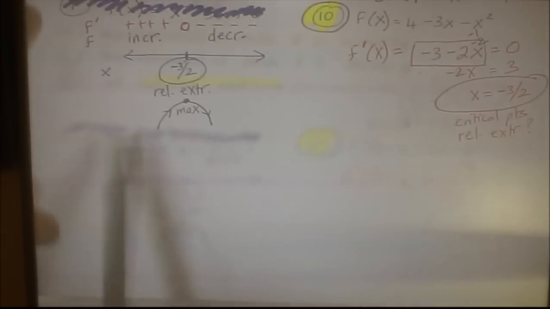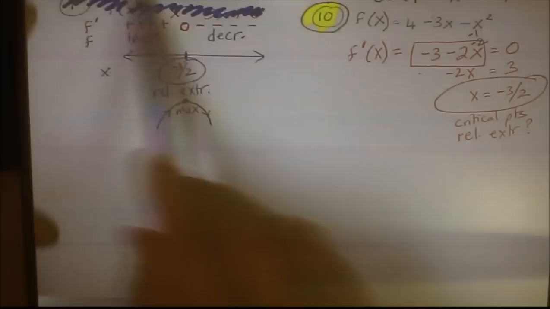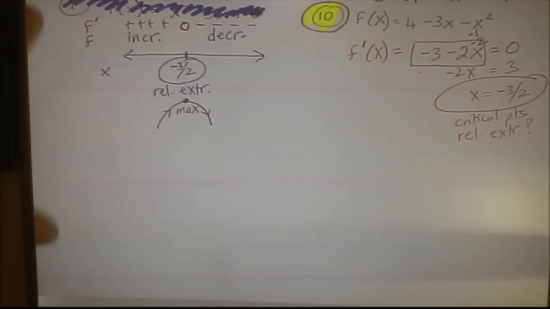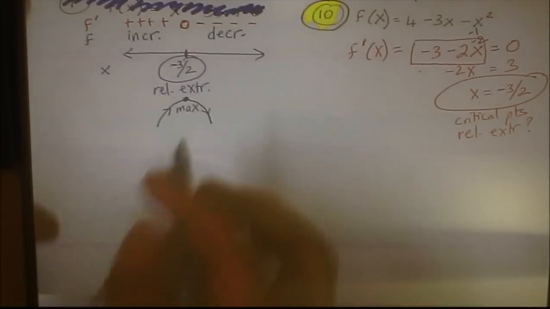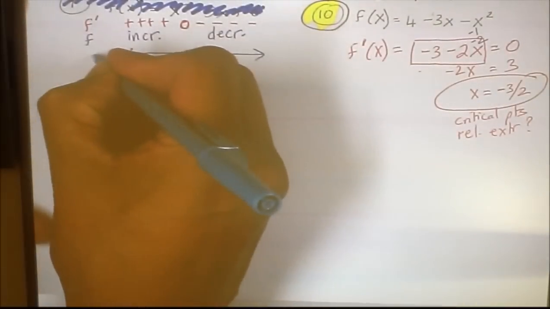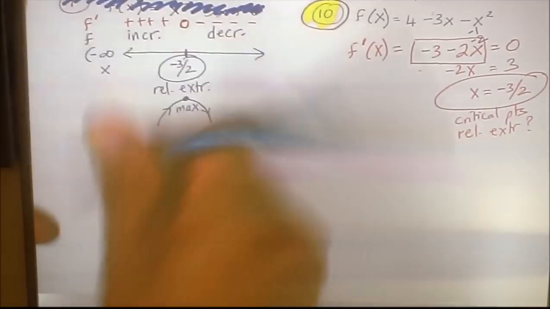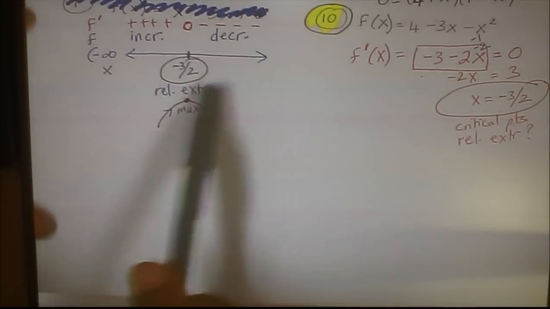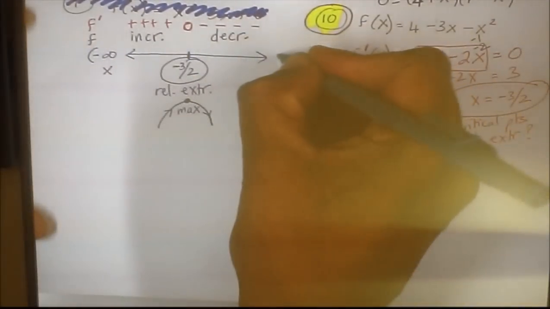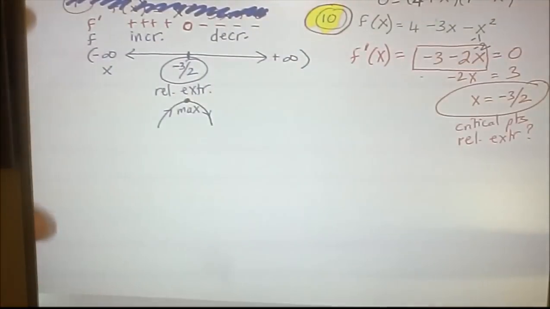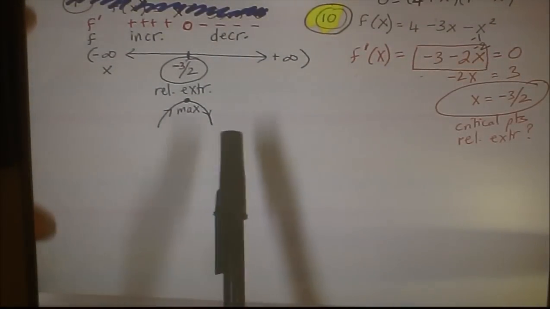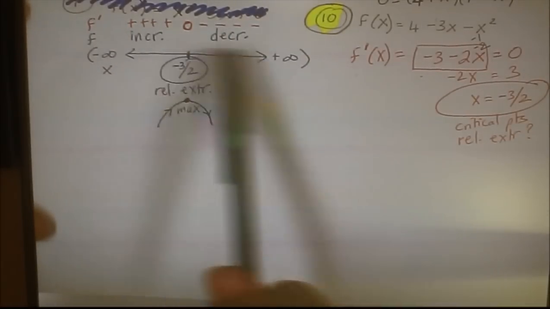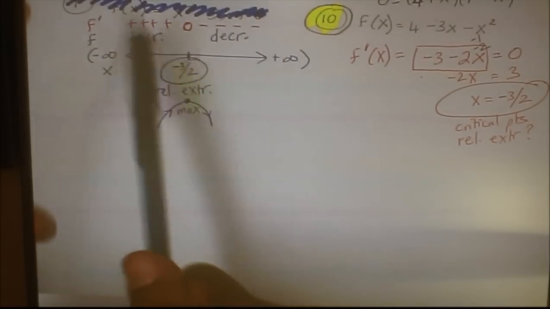All right, your final step is to translate your sign chart, your number line, into interval notation and point notation. So what we have here, moving from left to right, is our entire domain analyzed from -∞ up to -1.5, which is the most important x in the entire domain, up to +∞. And that's really the power of calculus, it enables you to find some of the most important x's, most important points in an infinite domain.